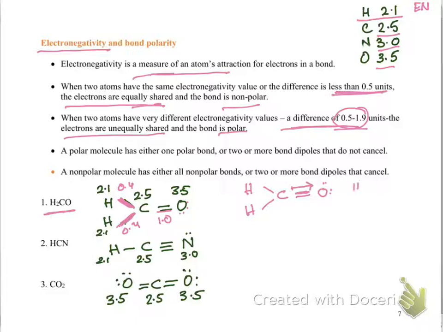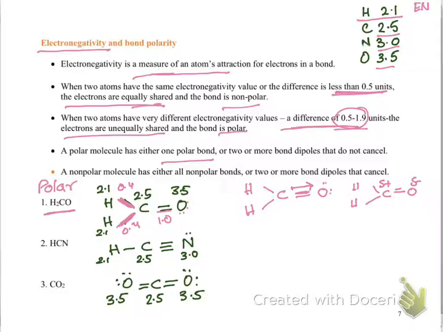Another way of showing this is, since the electrons are more towards oxygen, we put the partial negative, delta negative charge on oxygen and delta positive on carbon, meaning the electrons are not shared equally. So if you have one polar bond present, then your molecule is polar. That means H2CO is a polar molecule.